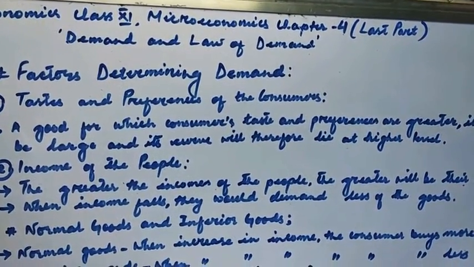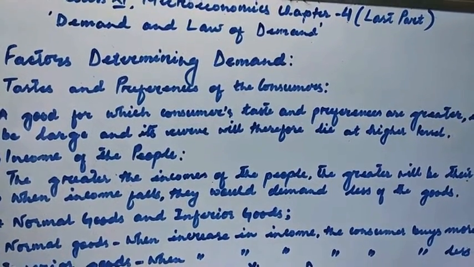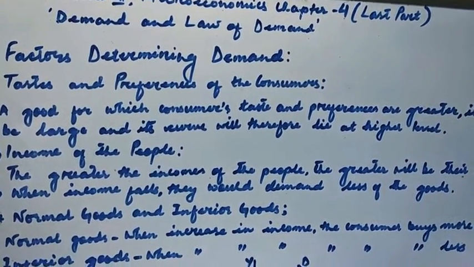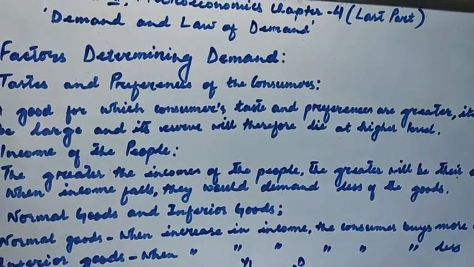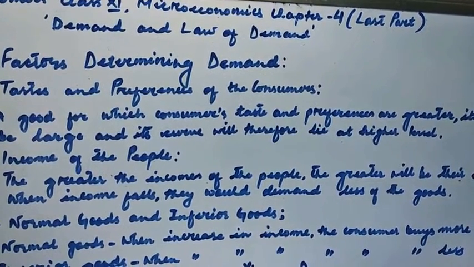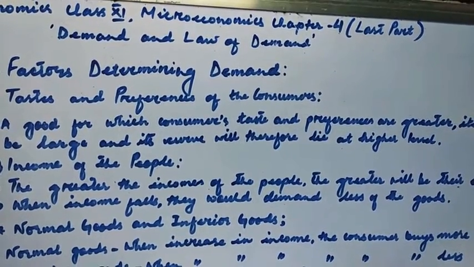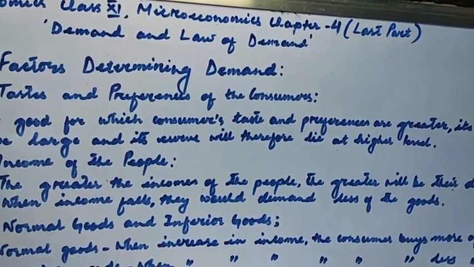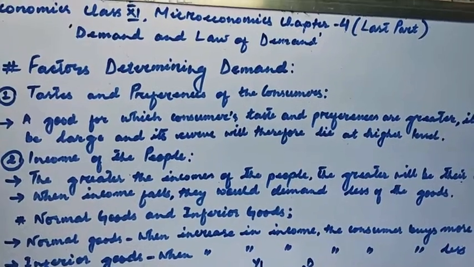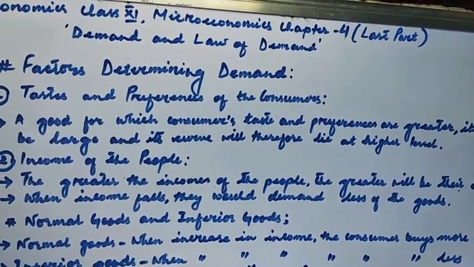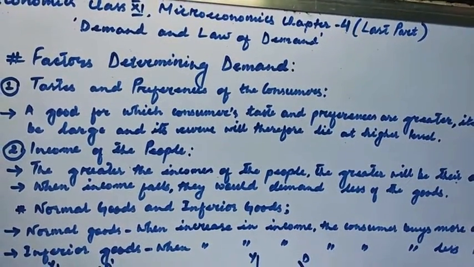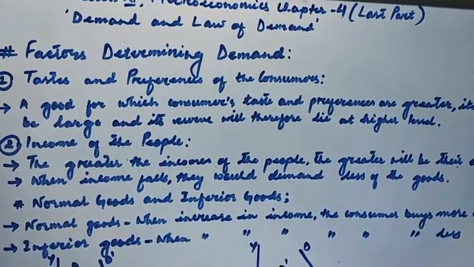When there is a change in fashion, you shift your preference, your taste, and you also change your demand for a commodity. Another reason is the pressure of advertisements by the manufacturers and sellers for different products. Because of the pressure from the advertisement, you also change your taste and preference, therefore affecting your demand for that good.